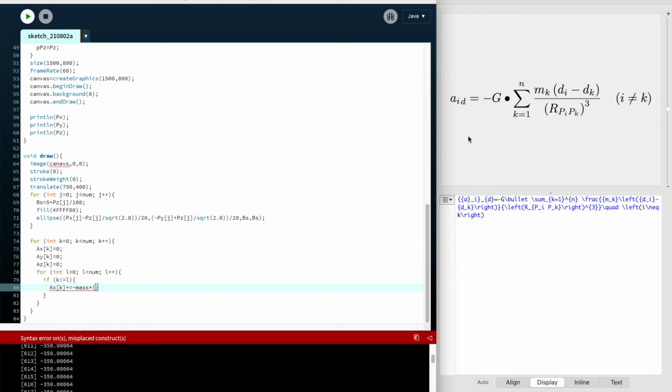dimension. So we're in the x dimension, so we have px of k minus px of L. Yep. And then what we do is we divide that by something, and let's say it's length or distance cubed.